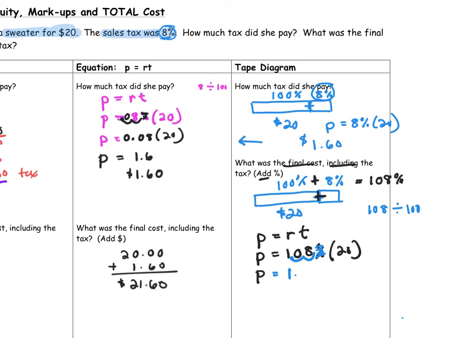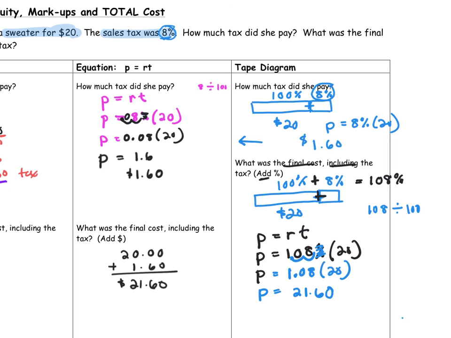So we have 1 and 8/100, the decimals after the 1 this time, times 20. So pause and use your calculator, please. And hopefully this looks familiar to you. This is what the calculator will say, 21 and 6/10. And once again, if we just attach the 0, it's the same exact answer that we got using method 1 and method 2.